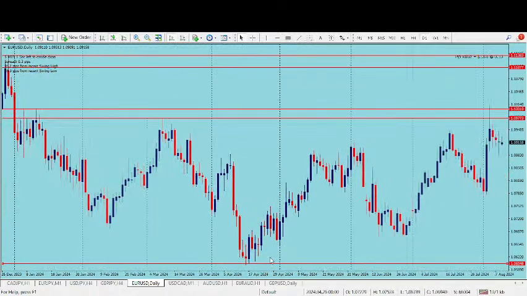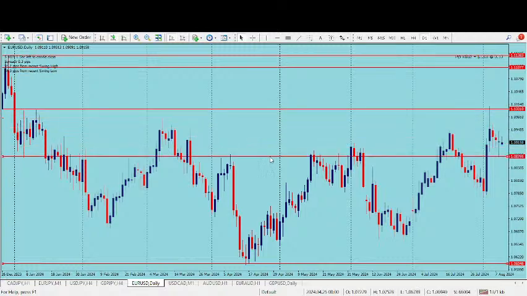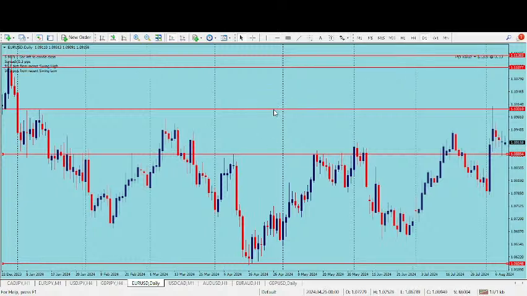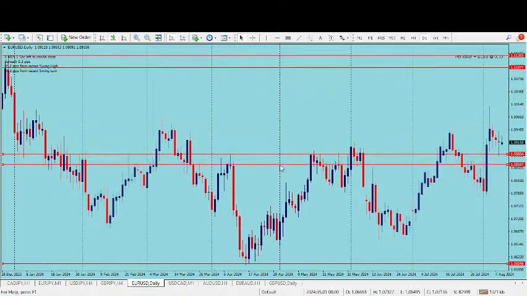Then at this point in time now, everything tried to change. Look at our recent swing high. Our recent swing high is here. So the market busted it. After it busted it, it made a lower high because this low is higher than this low.